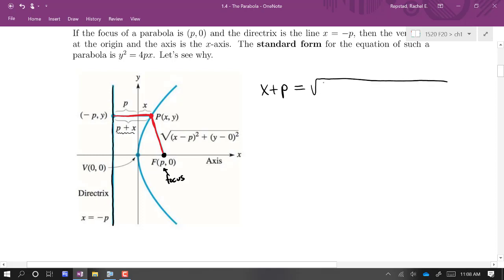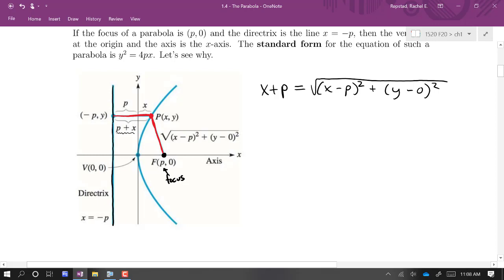This is the square root of (x minus p) squared plus (y minus 0) squared. If the vertex is at the origin, then the focus is on the x-axis. So that's why it has coordinates (p, 0).